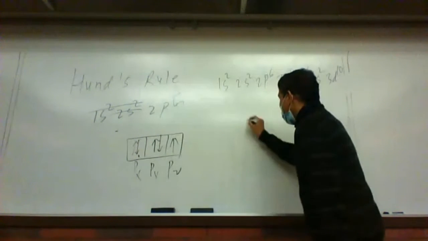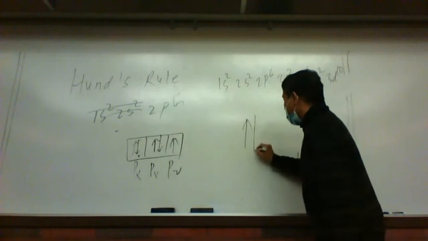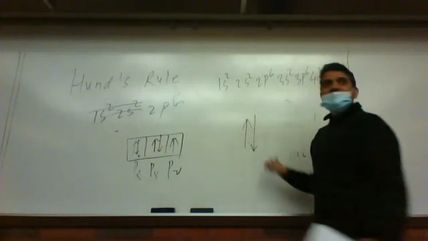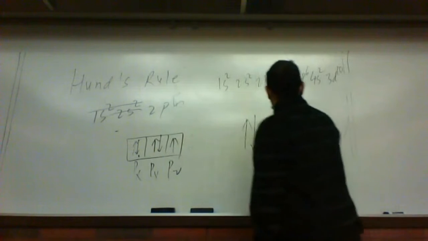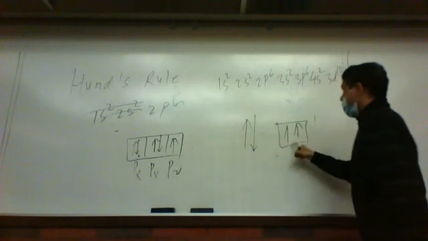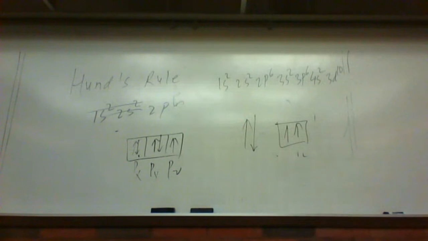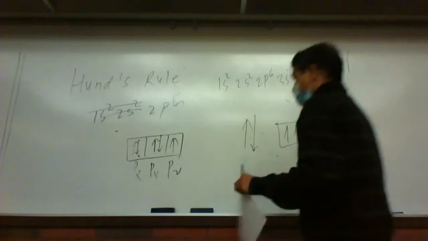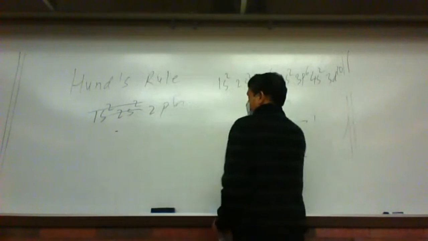If 1 electron is pointing up, which is clockwise, the other electron must be anti-clockwise. 2 electrons cannot both point up. 1 is pointing up, another is pointing down. If 2 friends sit together, one must be looking one side, the other friend must be looking the other. This is quantum mechanics. The electron behaves so weirdly, right?